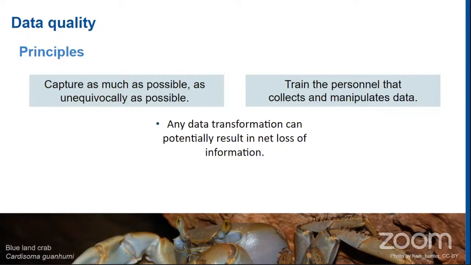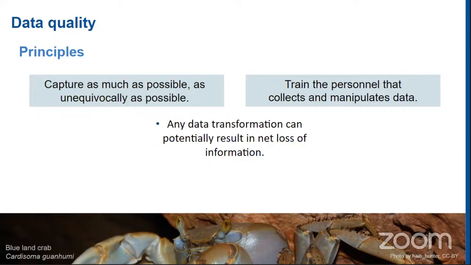One more comment. Any data transformation can result in a loss of information. So for example, if we transform a coordinate and we don't keep the original, and maybe we made a mistake when we were transforming it to some other format, then we completely lost the original information and it's gone.